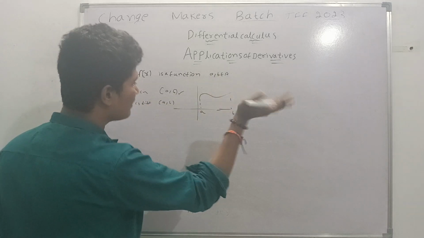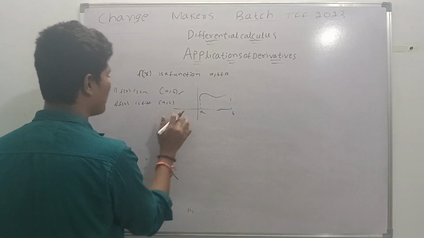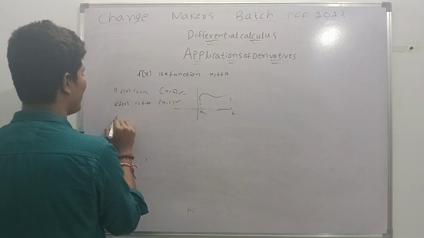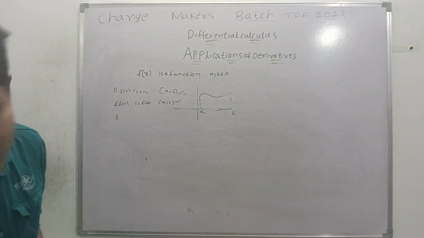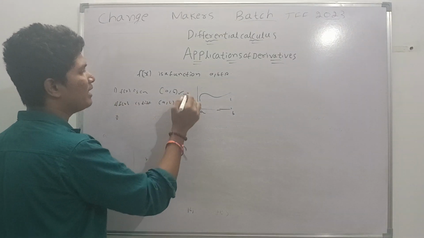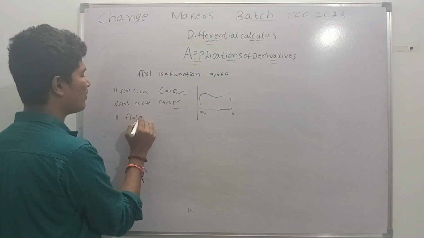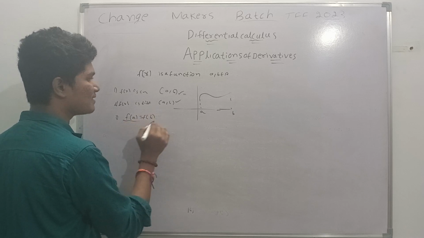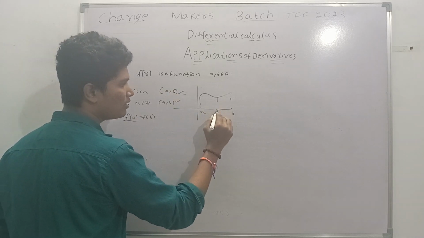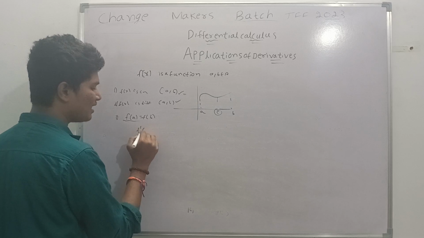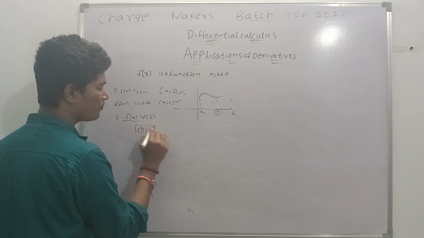And next, the third condition is f of A equal to f of B. If these conditions are also satisfied, then there exists a point C such that f dash C equal to 0.